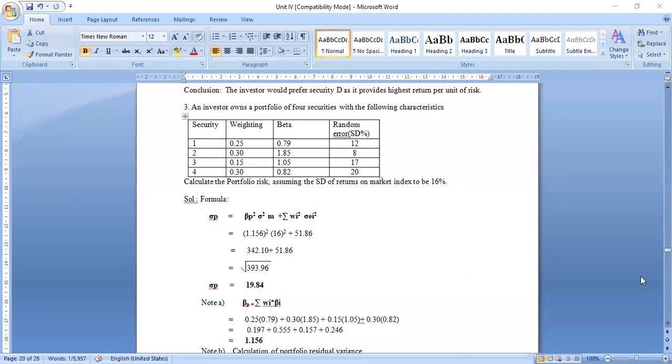So this is the calculation for portfolio beta for individual securities, that is 0.25 into 0.79 plus 0.30 into 1.85. So we are referring to the second and third column values, okay, plus 0.15 into 1.05 plus 0.30 into 0.82. So the summation of each of these individual betas will give us the portfolio beta, that is 1.156.